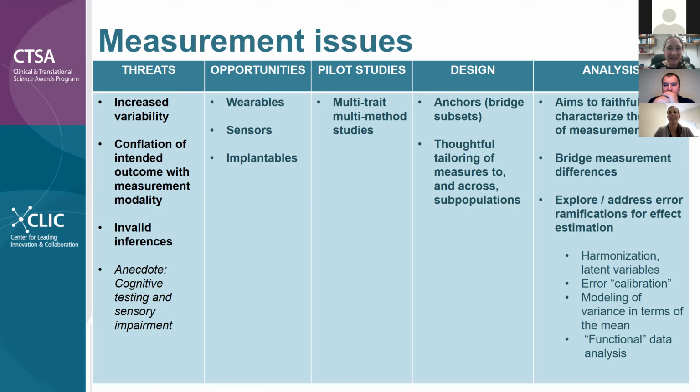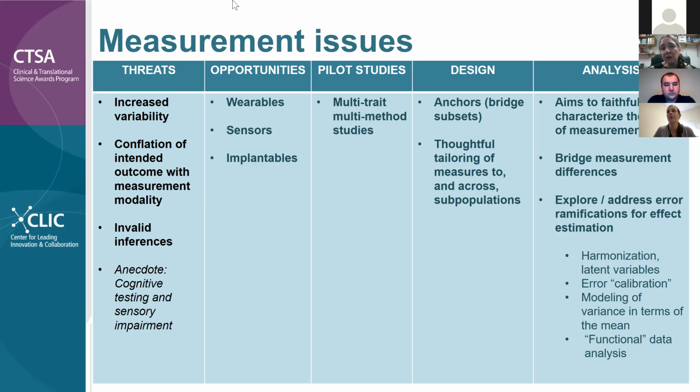Okay. Pilot studies: those of you who've taken the STAT for psychosocial research might recognize the multi-trait, multi-method study. This can be a way, with a relatively small amount of data, to understand whether measurements are behaving in the way that one hypothesizes they should, at least to an extent to carry them forward into a larger study. That method requires only a correlation matrix, and yet, structured in a certain way, can be very helpful in understanding measurement properties.